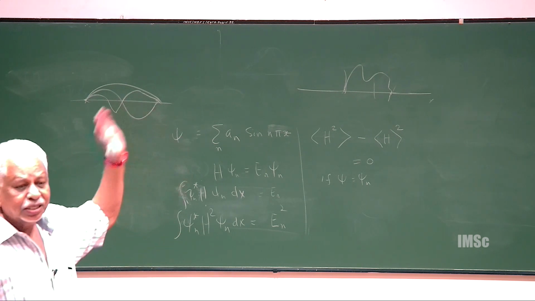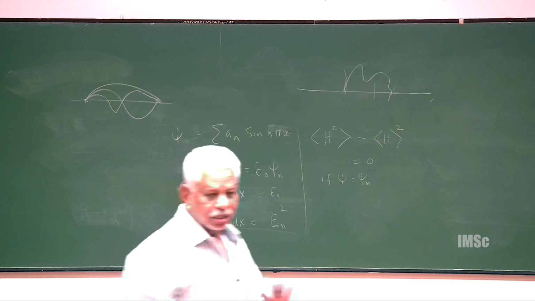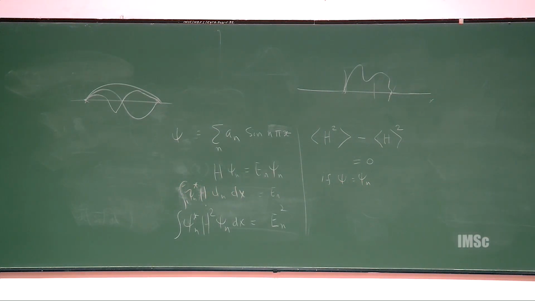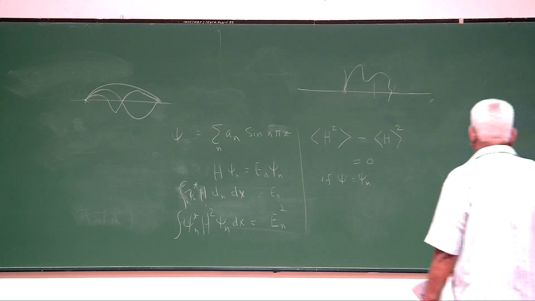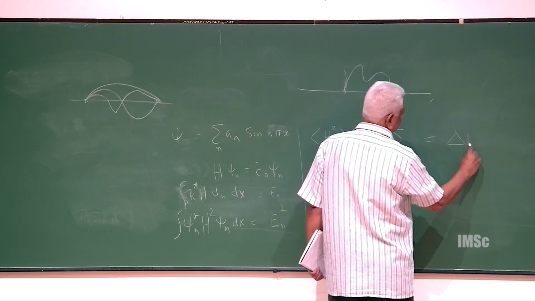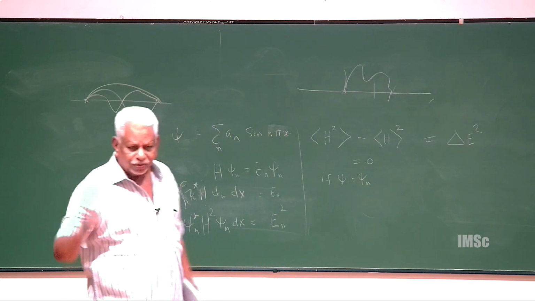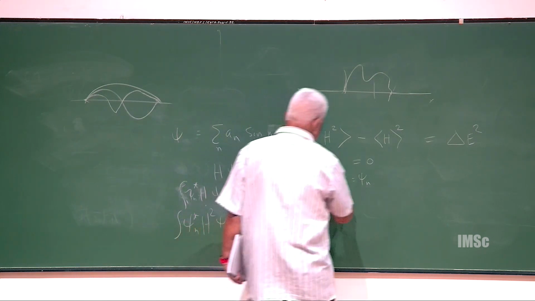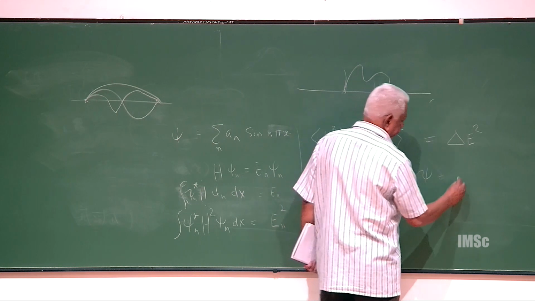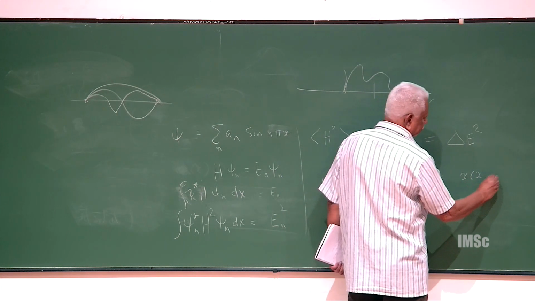Since it is not an eigenfunction, it is a very simple function. I am going to ask you to find out by tomorrow afternoon the same quantity, H square average minus H average square. This is what you call delta E square. Let me give the function. The function is psi equal to x into x minus 1.